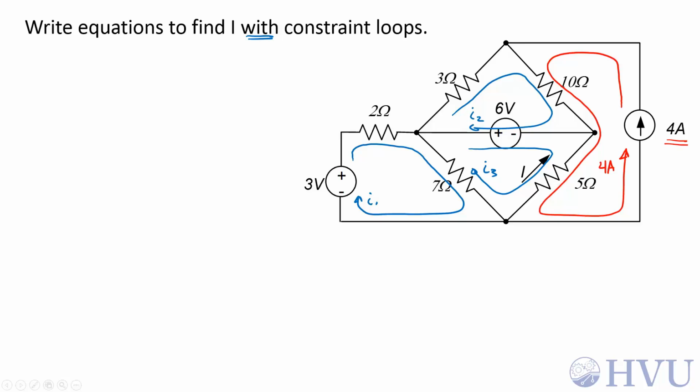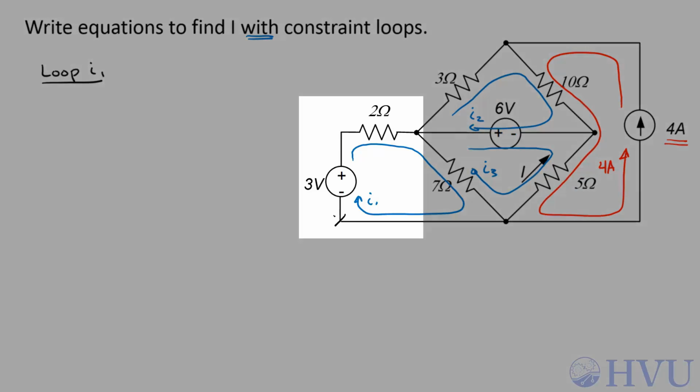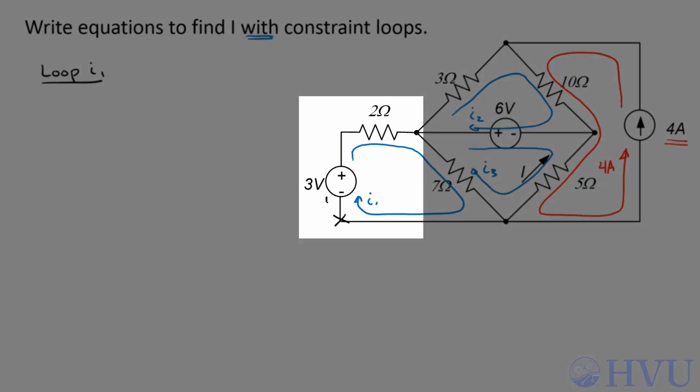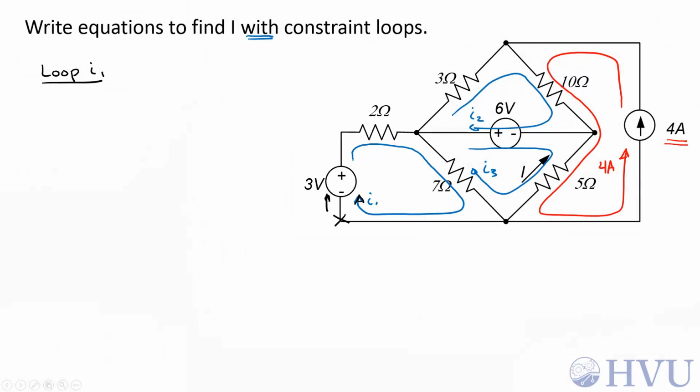First, let's write KVL around the loop defined by the mesh current I1. If I start down here and go this direction, following this direction of my mesh current I1, I see the negative terminal of the 3-volt source first. So that's a negative 3 volts, plus this voltage across the 2 ohm resistor is going to be its resistance, 2 ohms, times the sum of the mesh currents, which is just I1.